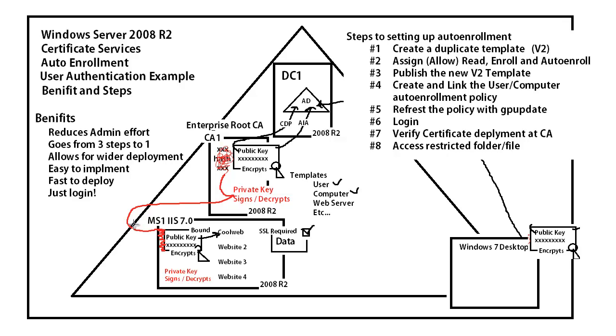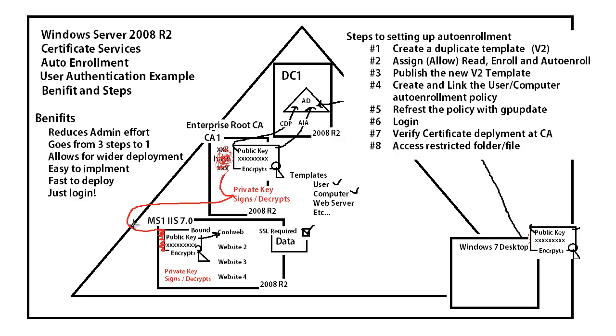But the benefits are: it reduces administrative effort. You go from 3 steps to 1 step. And that 1 step is all the user has to do is log on. And that's it. It allows for wider deployment. Maybe due to the restrictions in your organization, due to the administrative overhead and the difficulty, maybe you use the certificates, but not with everybody you wanted to.